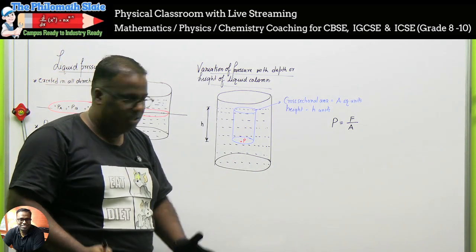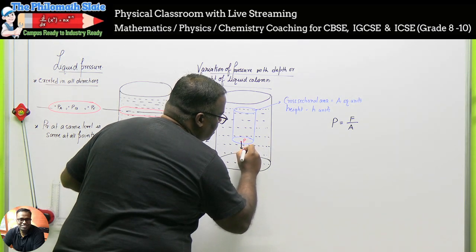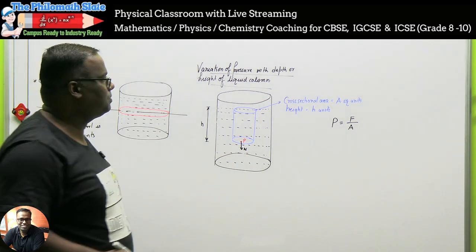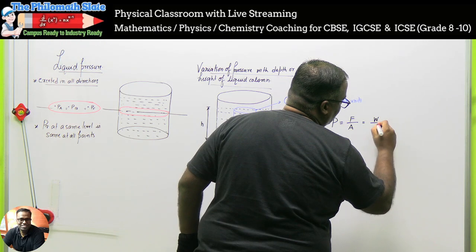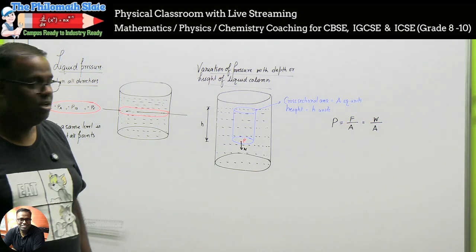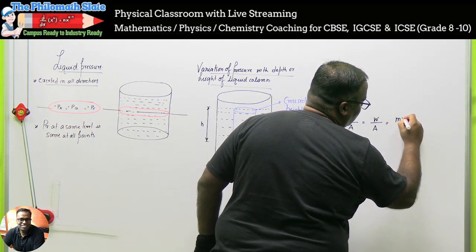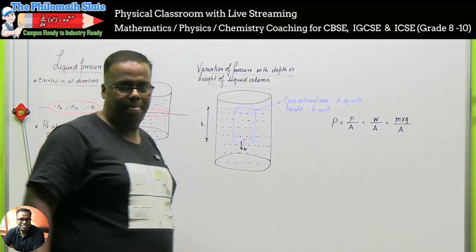Don't you agree? This liquid column must be exerting a weight W. That is the force. So pressure is equal to weight of the liquid column upon area. Do we agree? Fine. What is the definition of weight? The mass of the liquid column multiplied by the acceleration due to gravity, upon area.